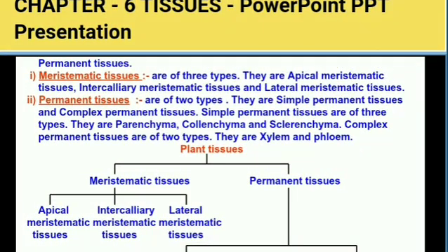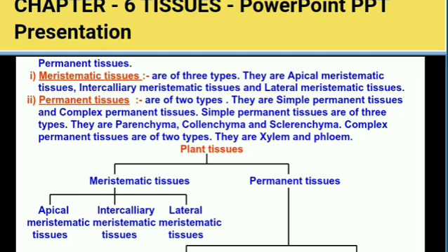So what will happen when these meristematic tissues stop showing growth, or when they lose the ability to divide? Then they become permanent tissue. So after meristematic tissue, today we are going to study permanent tissue. Whenever meristematic tissue loses the ability to divide, it takes a permanent shape, size and has a permanent function.